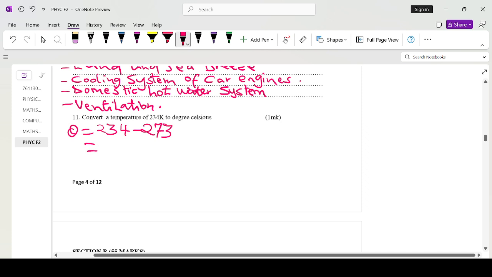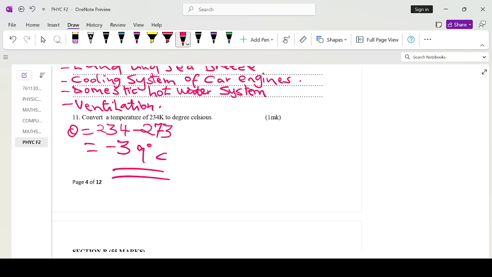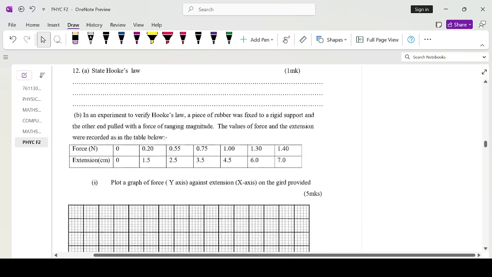What do you get there, learners? You're going to get negative 39 degrees Celsius. Negative 39. So Kelvin to degrees you subtract, degrees to Kelvin you add. When you have that as your point of reasoning, it will make your work quite easier.